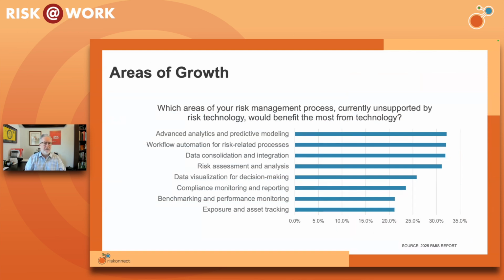So analytics and predictive modeling came out at the top, then workflow automation. Even though I said it may be misreported, organizations recognize that that's an area for improvement, an area where we can get more. The question says unsupported, but it may be that it just hasn't been implemented. Most modern RMIS systems can do all the things that are on this screen.